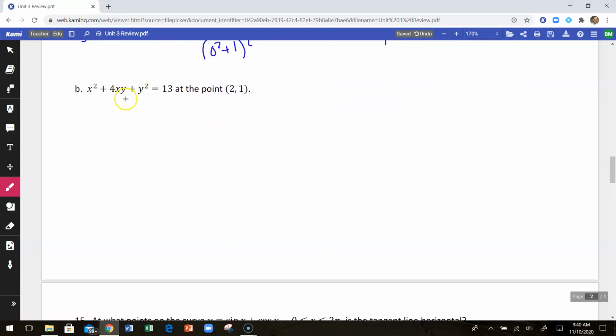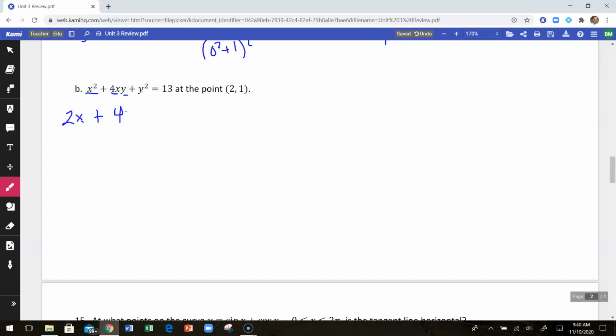Part B, again, same direction. I want to find the derivative. That's going to tell me the slope of the tangent line. Then I'll write the equation. So to find the derivative of this, I'm going to need to use implicit differentiation. So I'm just going to take the derivative of each term. So the derivative of x squared is 2x plus, I've got 4xy, so I'm going to look at that as 4x times y, and I'm going to do the product rule.